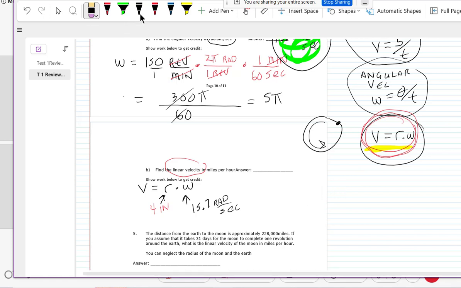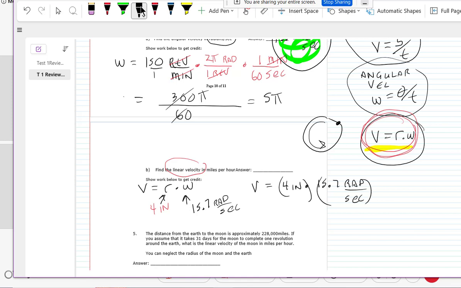All right, so let's do that. I'll just do this dimensionally. So I've got 4 inches times 15.7 radians per second. And we're going to have to convert units, because I want the answer to be in miles per hour. So we need to change the seconds to hours.